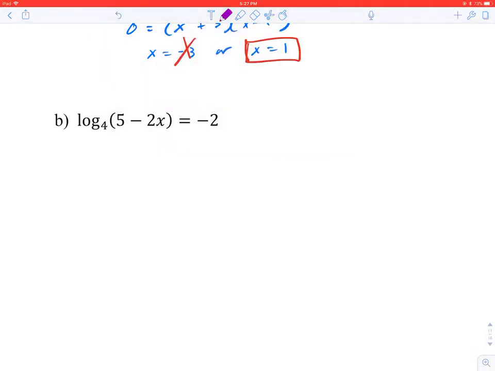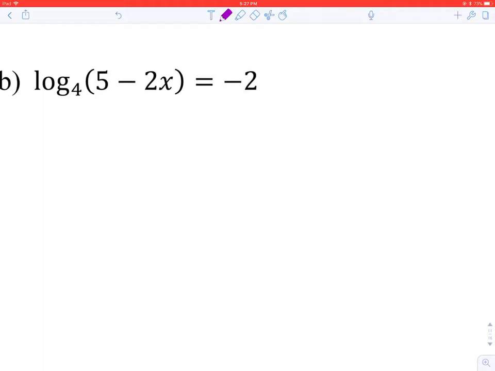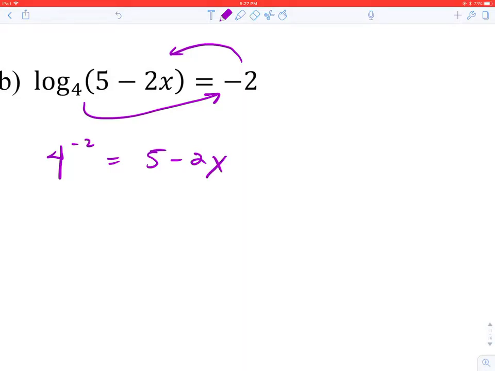All right, this next one, we are unable to use the one-to-one property, but we can rewrite it in its equivalent exponential form. So 4 to the negative second is equal to 5 minus 2x. So it's 1 over 16 is equal to 5 minus 2x.